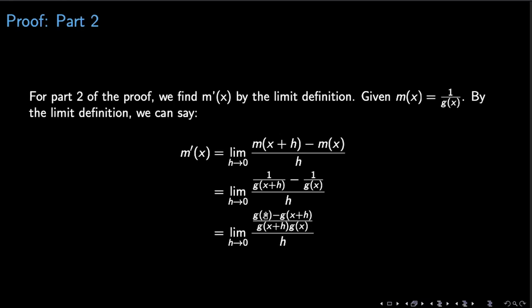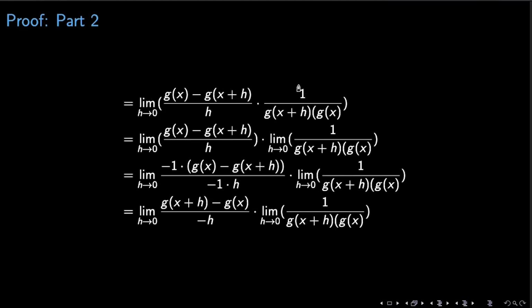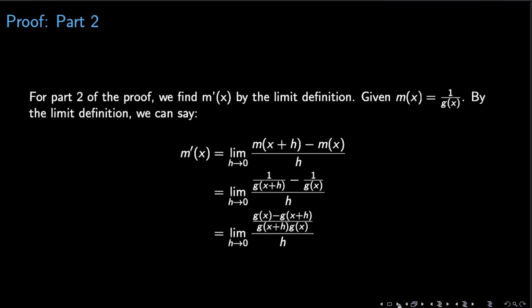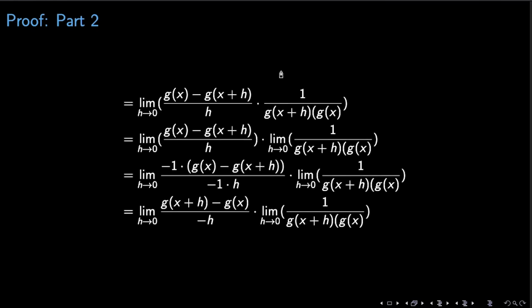Now remember, this thing divided by h is just equal to this thing times 1 over h. So we can express that as a separation. If we multiply g of x minus g of x plus h over g of x plus h times g of x from the previous slide, we can swap the numerators and denominators in such a way that we're able to have some sort of derivative.